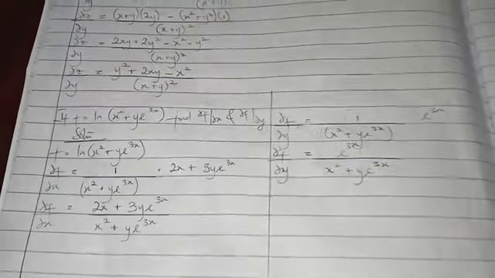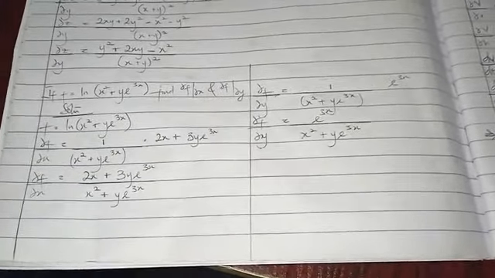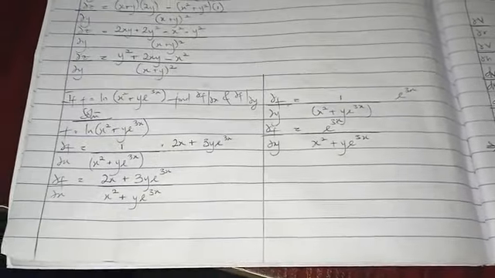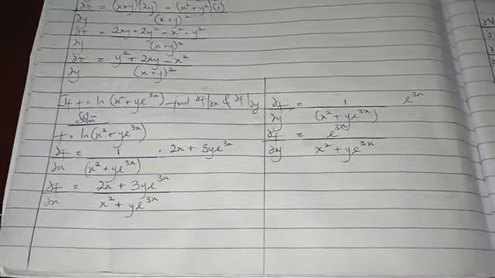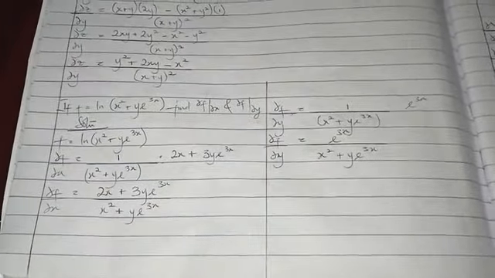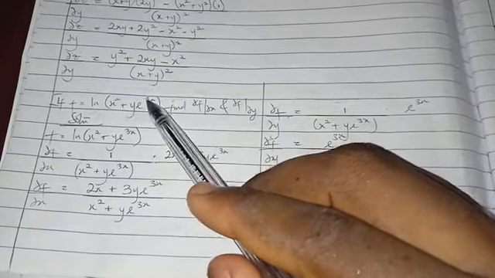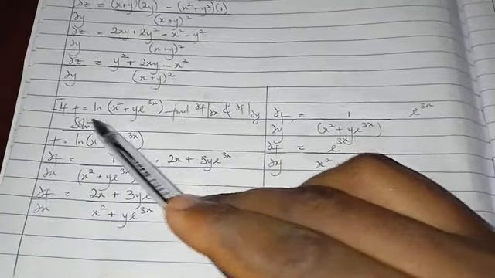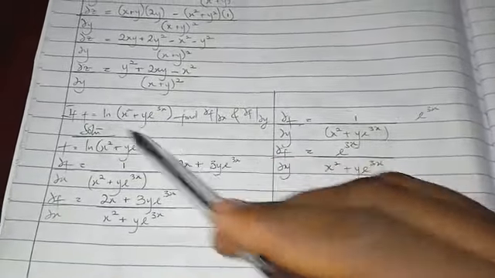Now there are quite some rules here, but the major thing we are looking at is the dependent variable, which is ln. So this is a function of function, you have your independent variable, which is x squared plus y exponential 3x, and you have your dependent variable ln. Ln is depending on this. This can stand alone, but your ln is depending on this.